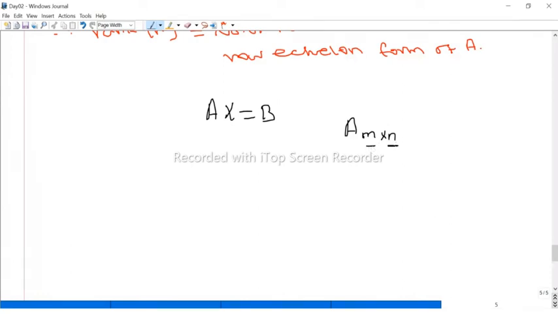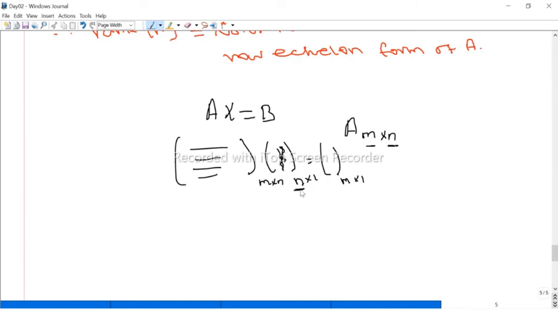A is m by n and x should be n by 1, then only we can take the product, and you get m by 1. So the number of columns in the matrix is the number of variables, and the number of rows is the number of equations.